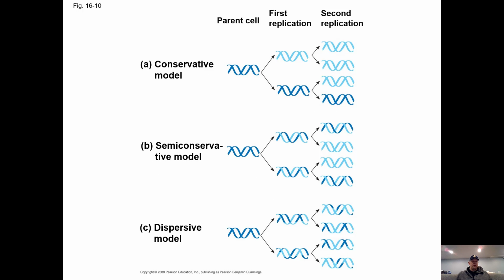There were some experiments done by Meselson and Stahl that actually looked at three competing models of DNA replication. One's called the conservative model, the other one's called semi-conservative, and then dispersive.